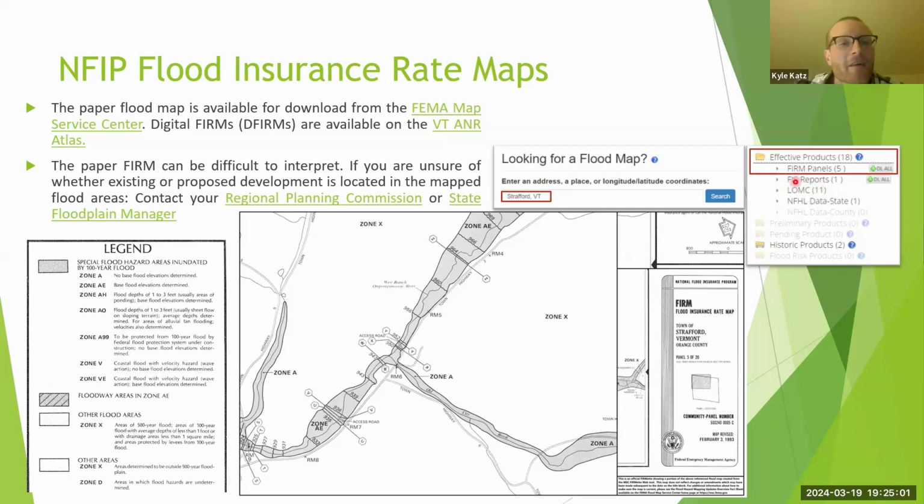In Stratford's case, there are 5, and this means that the map is printed in 5 separate documents essentially. So you have to download all of them to have all of the delineated flood hazard areas for the town. Just make sure you don't download one and think that's for the entire town. You want to download all of the FIRM panels.